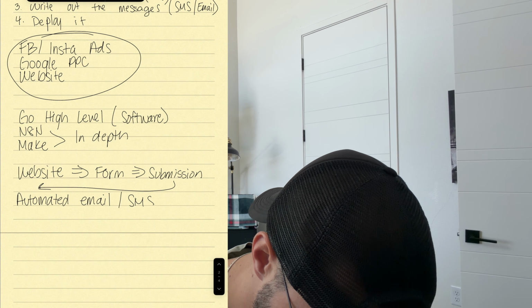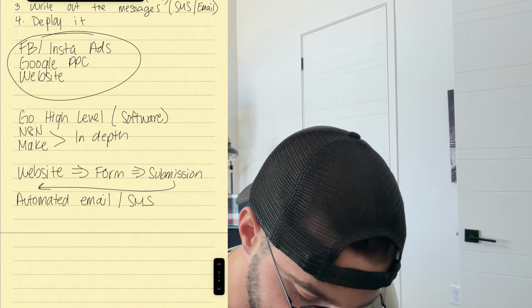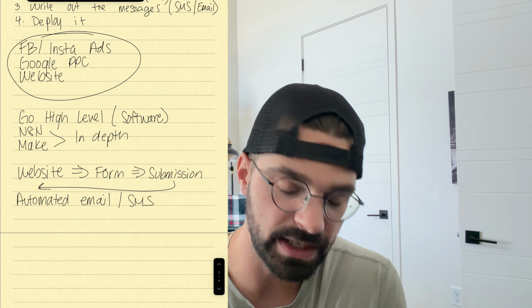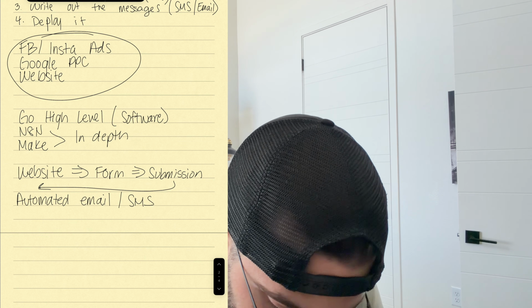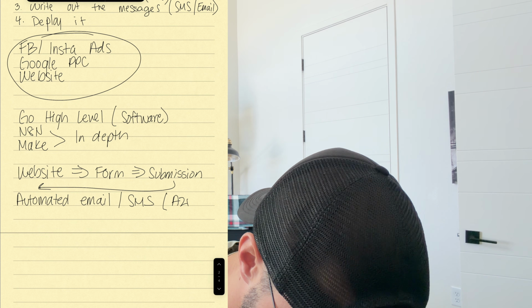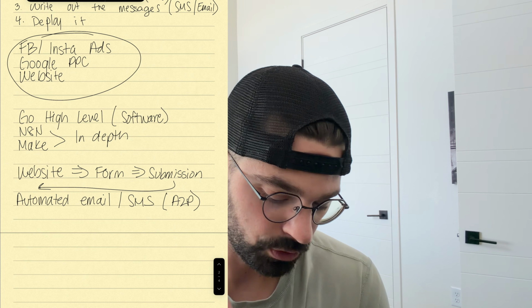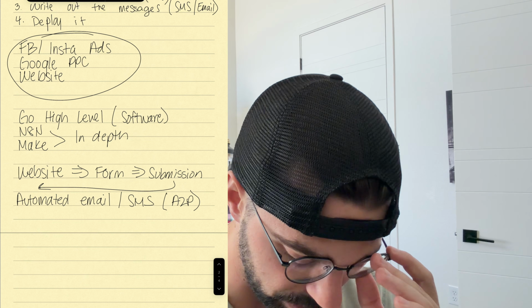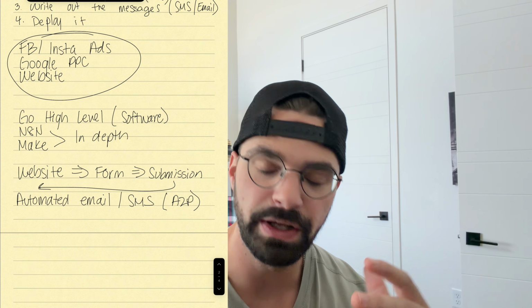You can even do SMS to that submission. You basically connect those APIs to each other, except with SMS you have to get A2P verified, which is a whole separate process that I would have to explain later. But basically, they're all one and the same.